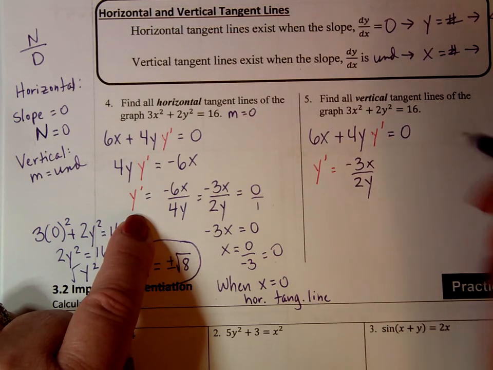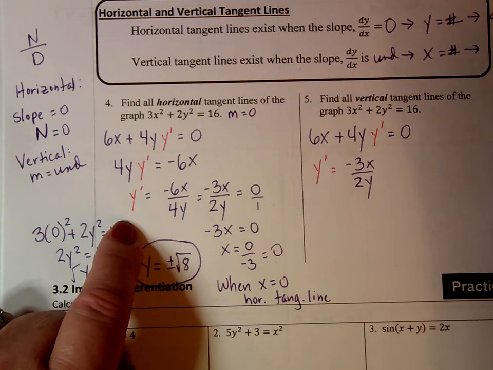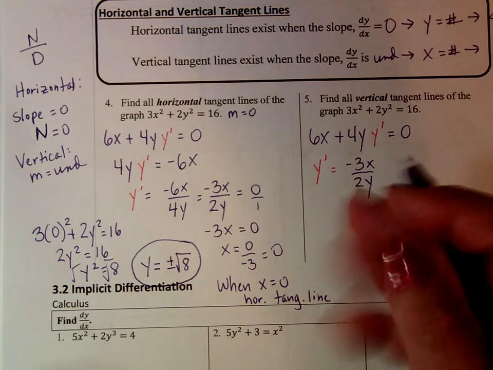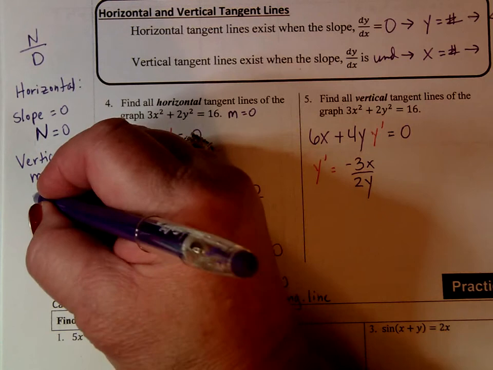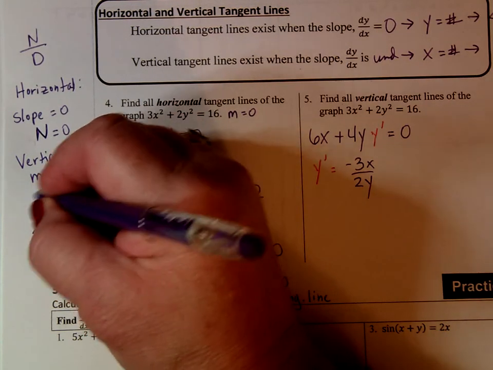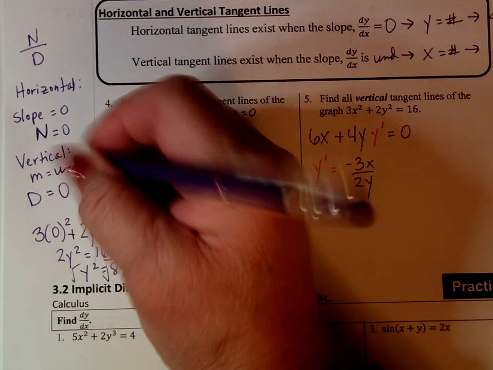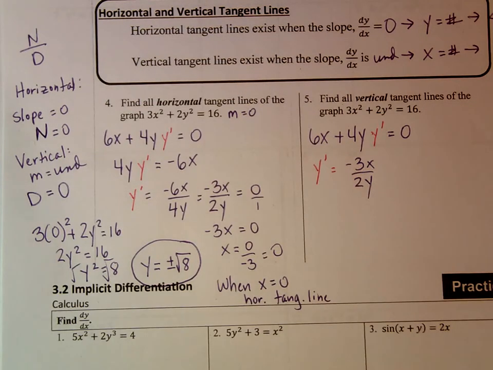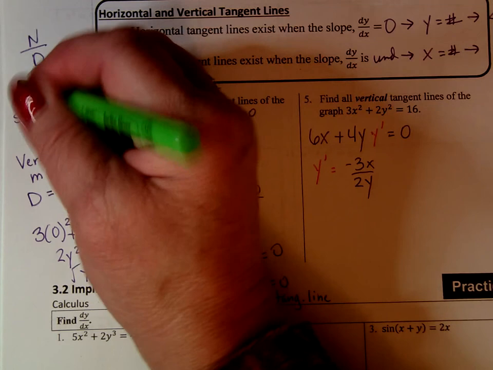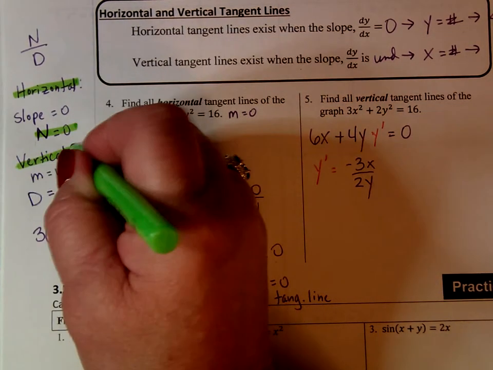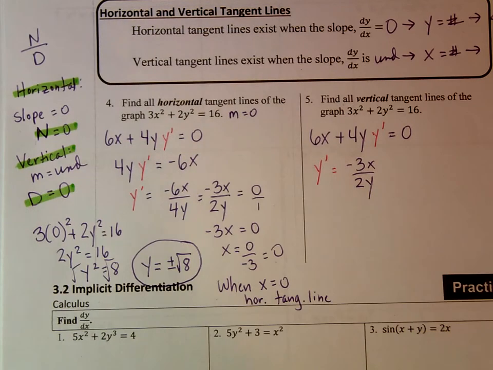Well, think about when a fraction is undefined. A fraction is undefined when the denominator equals 0. So now I need to know when the denominator equals 0. So you see, for horizontal tangent lines, the numerator equals 0. For vertical, the denominator equals 0. So they're a little bit different. You need to remember that.